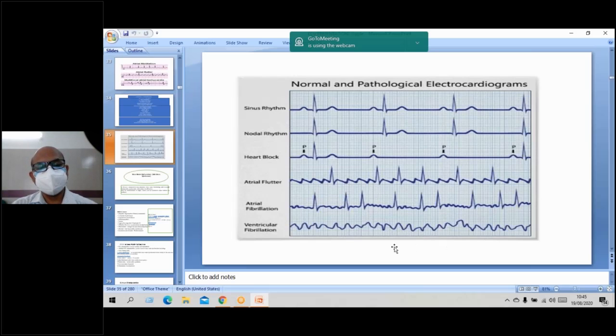But this is ventricular fibrillation, because the ventricular complex is not normal, it's a chaotic pattern.